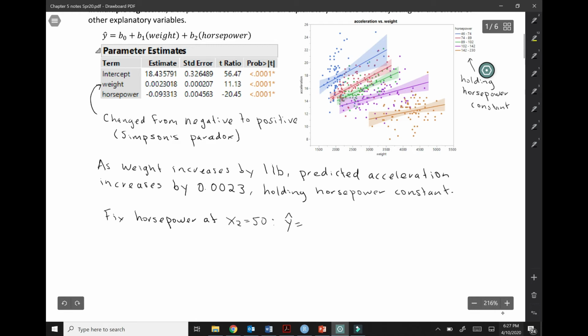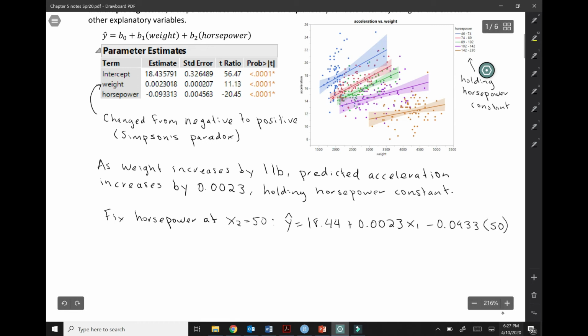So I've got y hat is 18.44 plus 0.0023 x1 minus 0.0933, and here's my x2. I'm going to plug in 50.